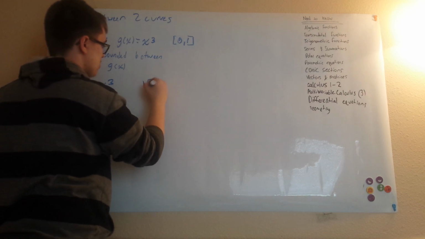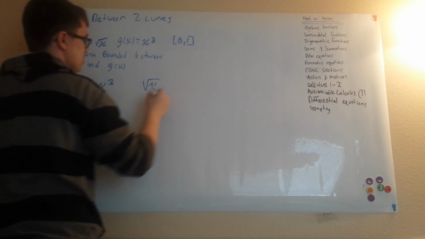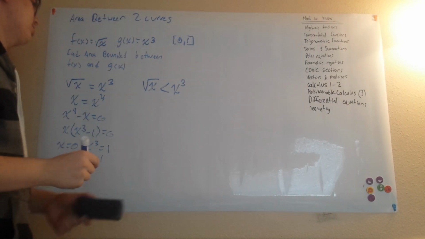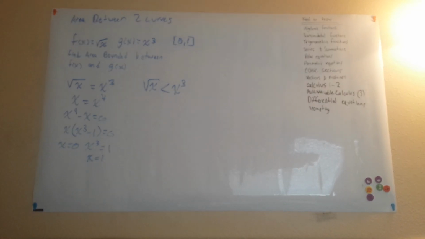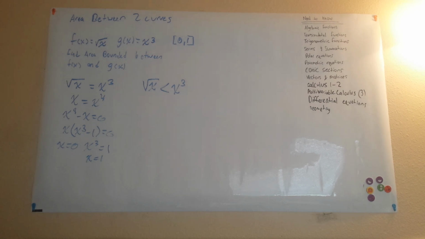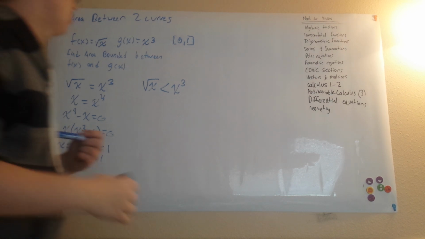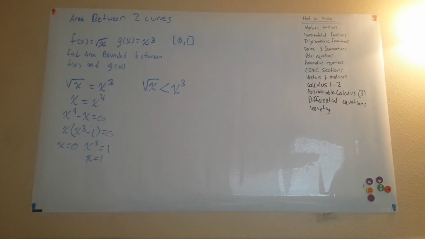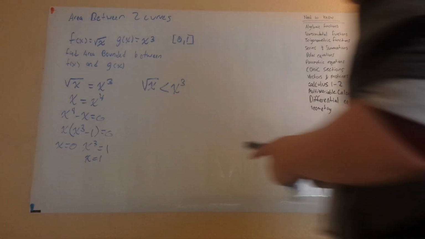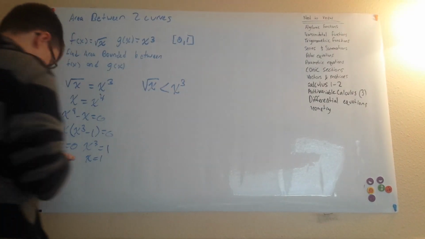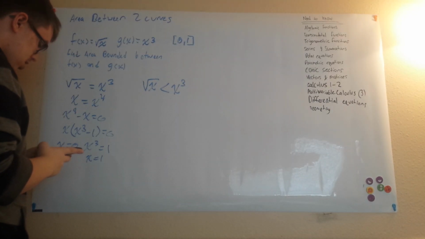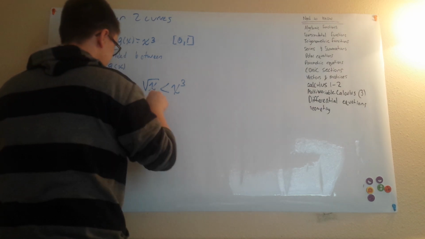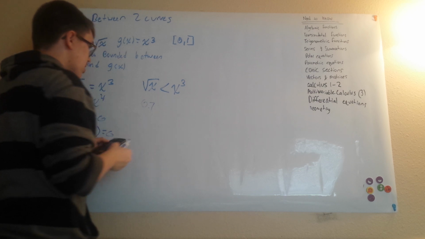Which function is greater? Well, first thought is that the square root of x is less than x to the third. That is your initial kind of thought. Let's plug in 0.5 and see if that's true or not. If we just plug in a number between 0 and 1, so 0.5, we get about 0.7 for the square root side.